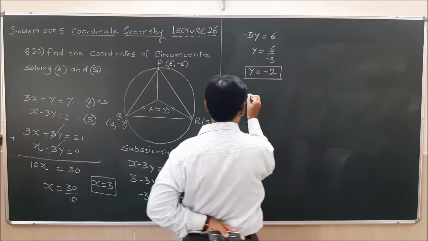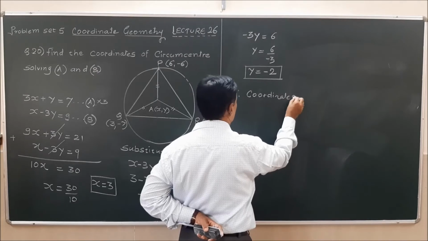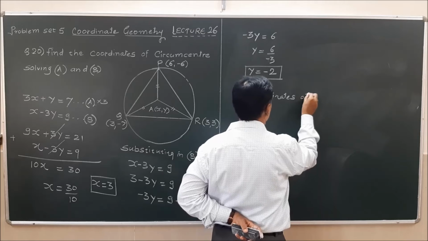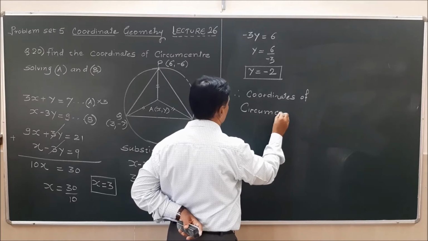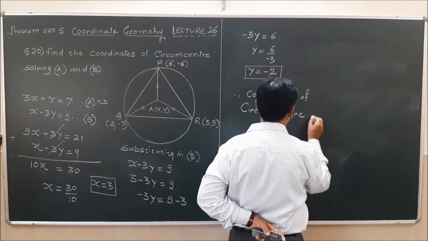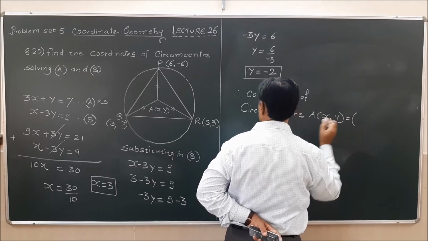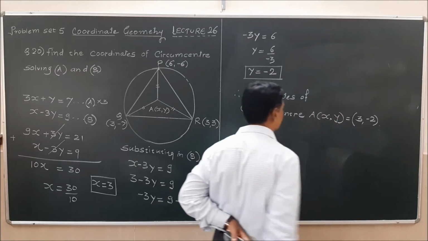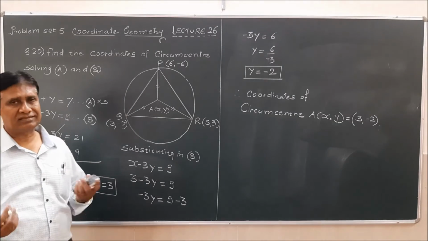Therefore the coordinates of circumcenter (x, y) is equal to 3 comma minus 2. Please have a look at this sum. I'll check the answer back.